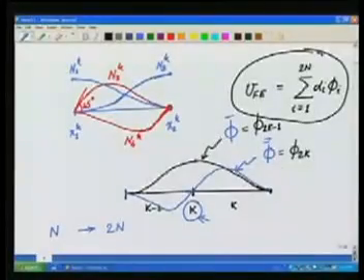Now, by the same token, what is then my representation of the finite element solution in the element?